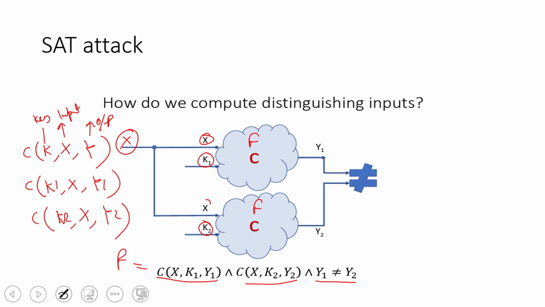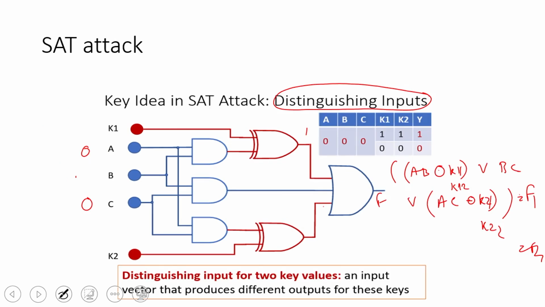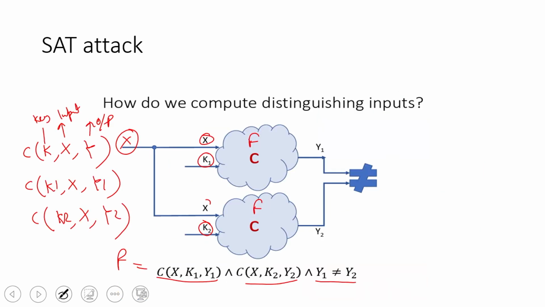What is the definition of a DIP? If you give some input for which there are two key values for which the output is not equal. This is what I talked about in the DIP, that there is an input for which two different key values give different outputs. So, I will not do it in a simulation, but I will construct the formula corresponding to the circuit just like this. Does everybody understand this?